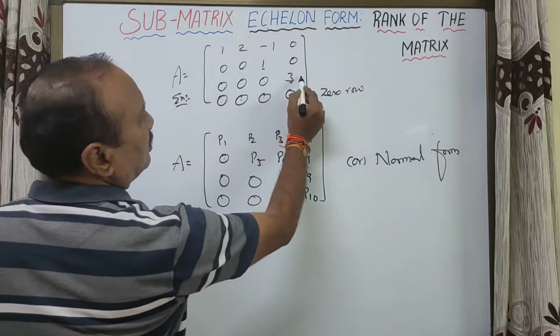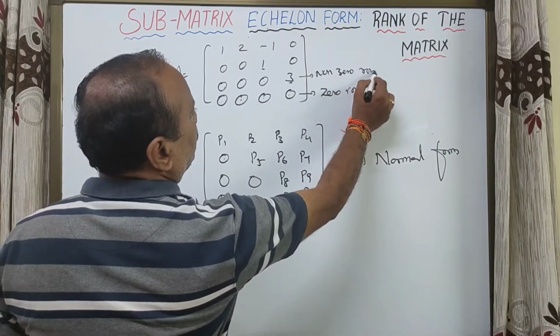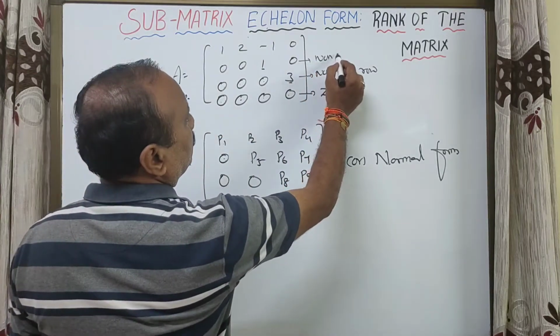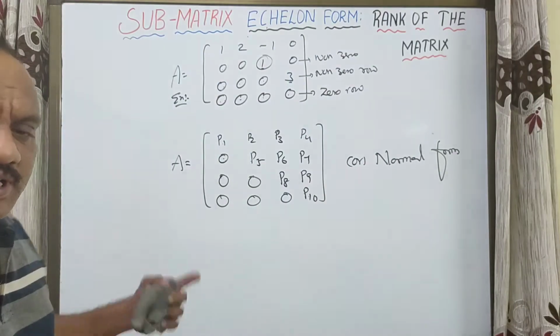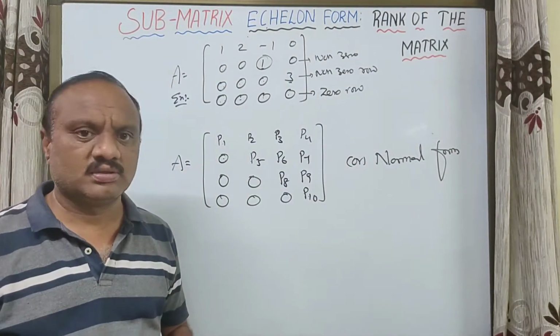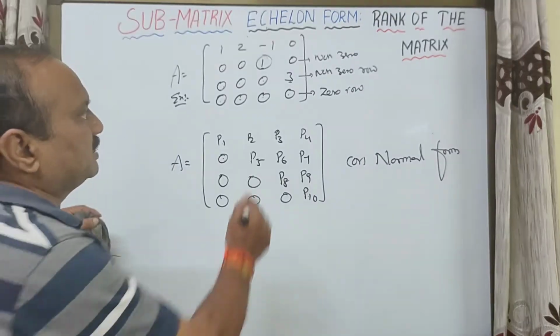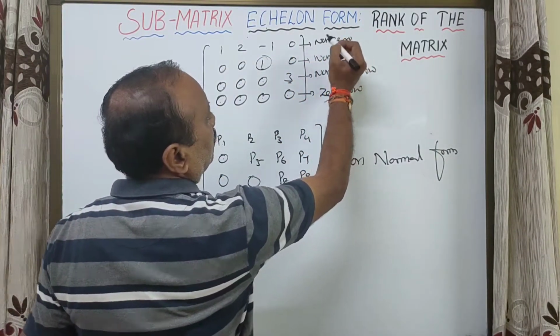So it is called a non-zero row. It is also a non-zero row. 1 is there. If every element is 0 in a row, then that row is called a 0 row. This is also a non-zero row.